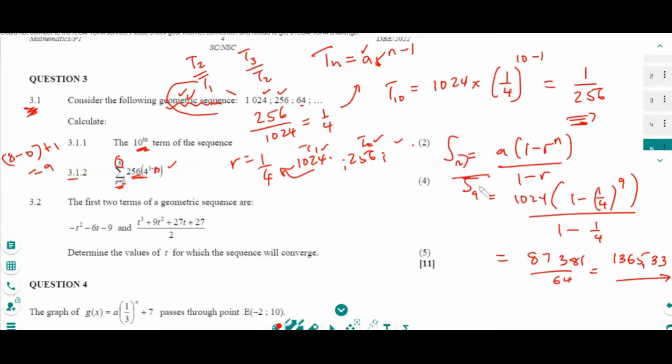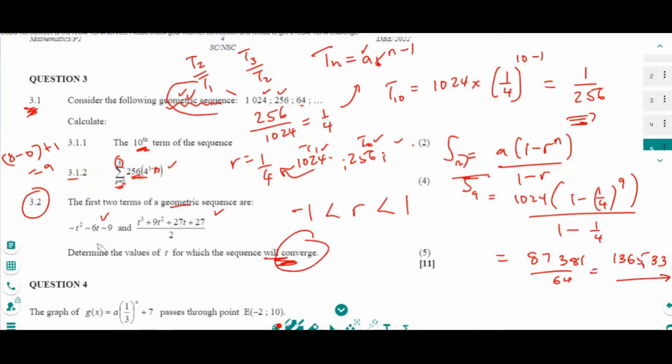All right. Then 3.2, they're telling us that the first 2 terms of a geometric sequence are given. Determine the values of t for which the sequence will converge. So the keyword is converge. The condition for convergence to take place is -1 < r < 1. So r must be between -1 and +1.